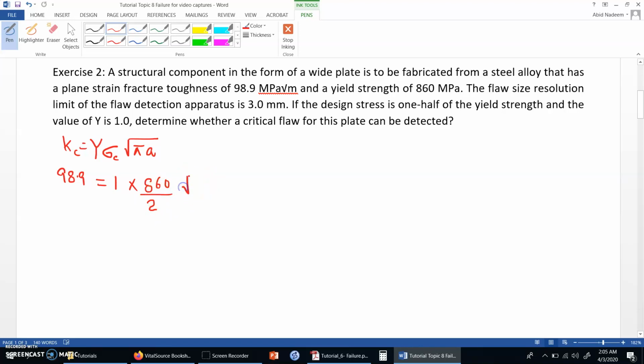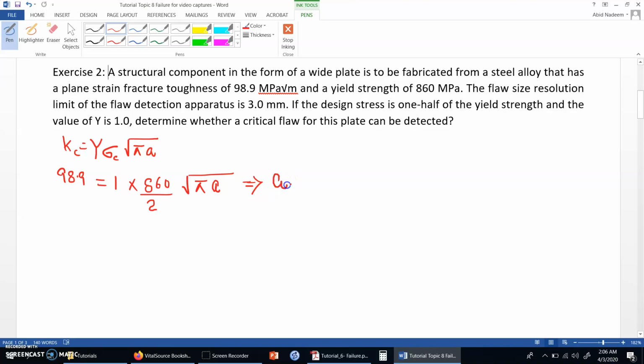So in that case, what will be the crack length? Although the value for the flaw detection apparatus is given as 3 millimeter, this is the minimum value which can be observed. So what is the actual length of the crack in this case?